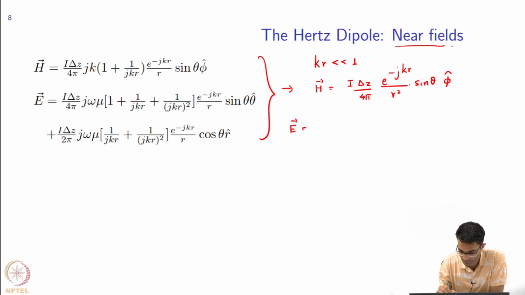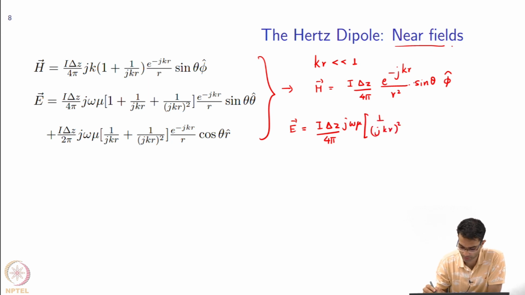Electric field, let us see what happens. Which term should I keep? Only the 1 by j k r square term, right. So I am going to get I delta Z by 4 pi, j omega mu, then I have 1 by j k r whole squared, sin theta, theta hat, and then I have e to the minus j k r by r.